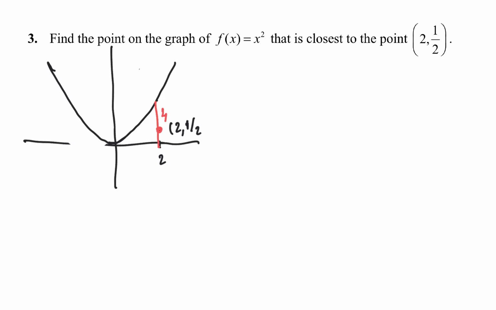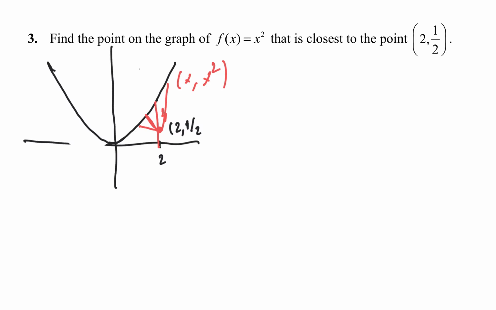What it's asking is, search for all the possible distances between the point P and the graph. The graph has the point x, x squared. This is the point of the graph y equal x squared.